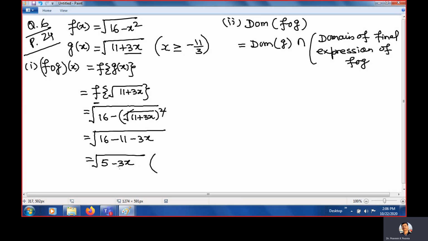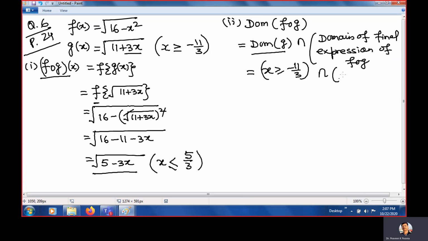And here, x is negative, so x will be less than or equal to 5 upon 3. Got it? So we write the domain of g: x greater than or equal to minus 11 upon 3, intersection the domain of the final expression. What is the final expression of f composition g? This one. The domain of this is x less than or equal to 5 upon 3.